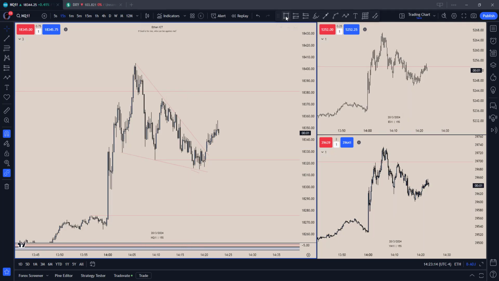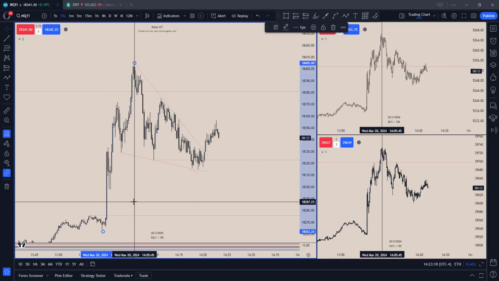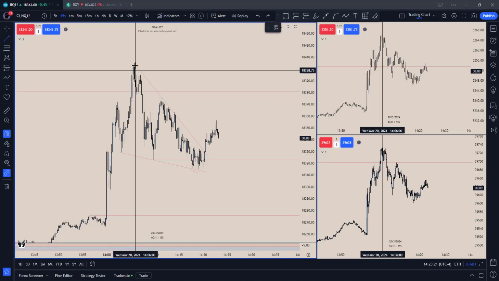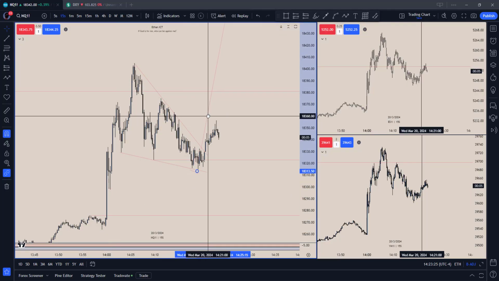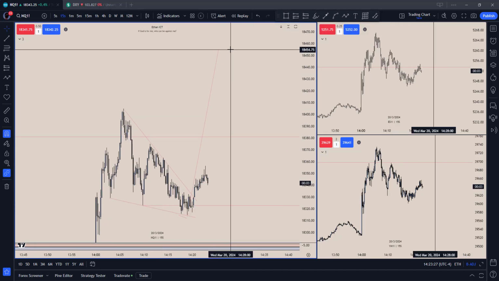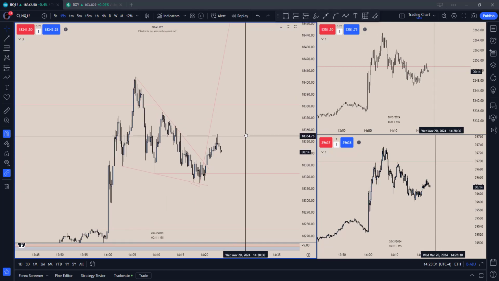Gotta measure the length of the pole, right? And then it's gonna double the move from the bottom. Therefore, we're going to 18,455 for sure. No cap.